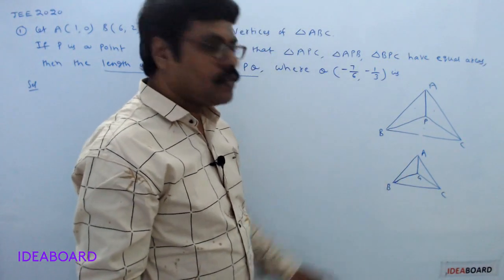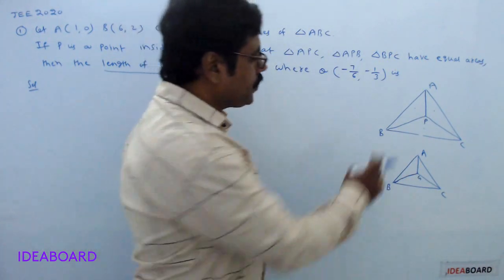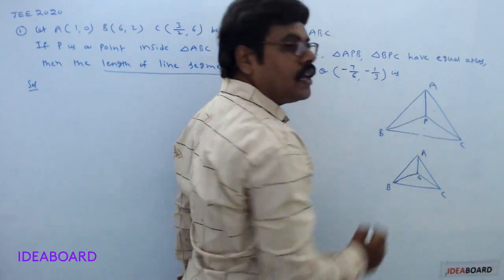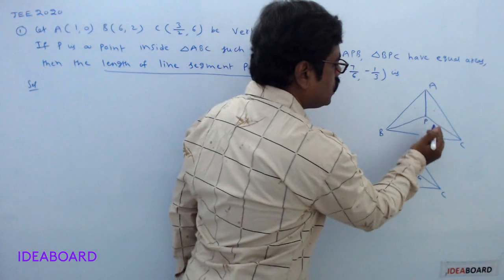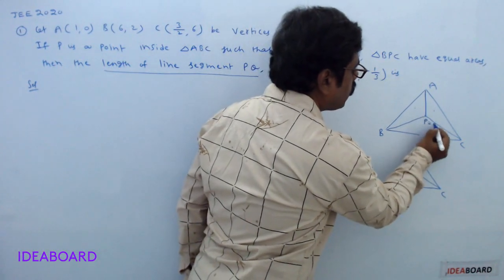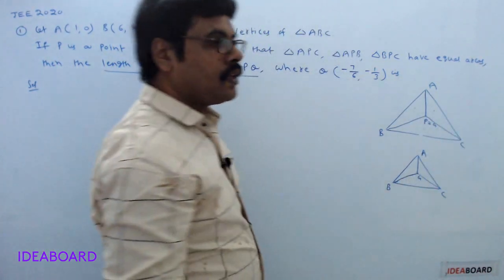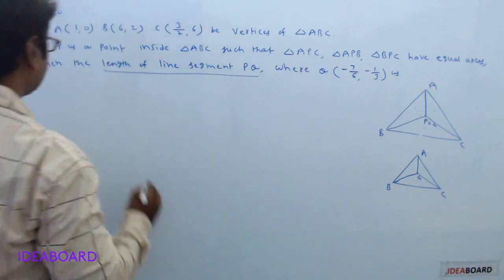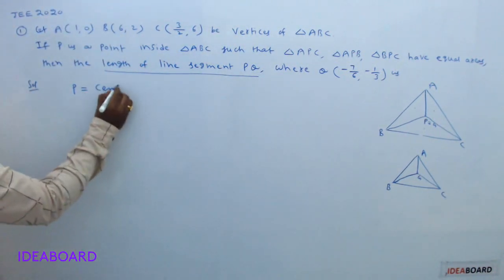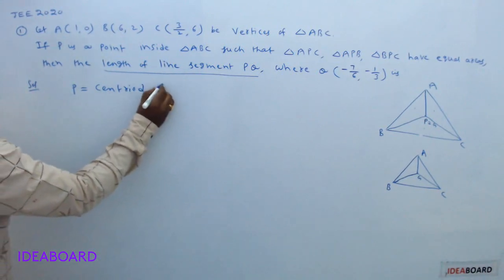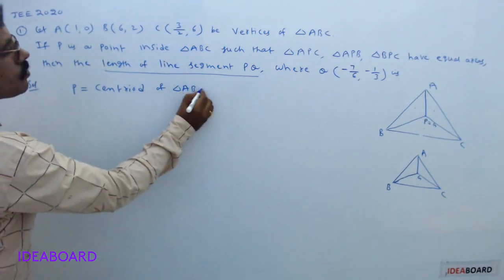So from this property, here P is the centroid of triangle ABC. Now first note down that point: P equals the centroid of triangle ABC.